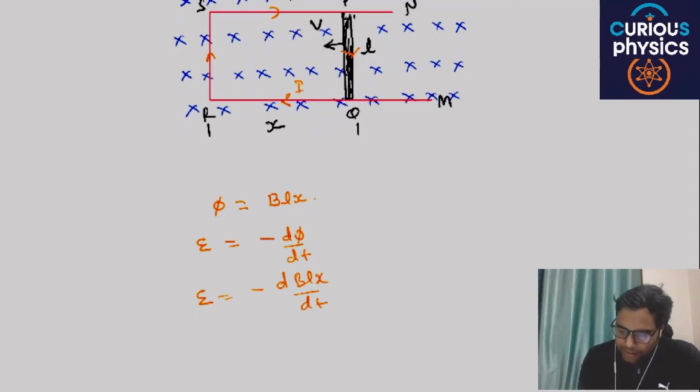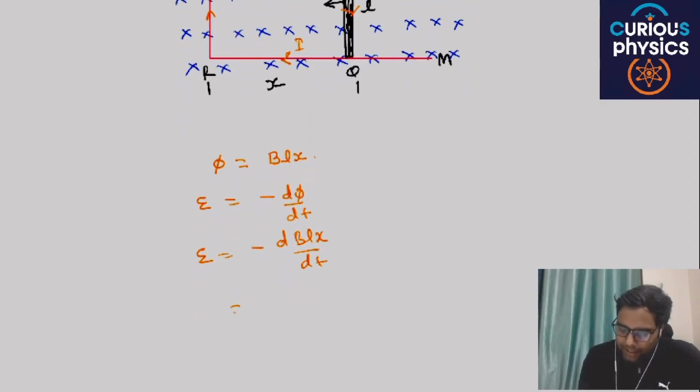by dt. Here L is constant and X is changing, so it is minus BL dx by dt.